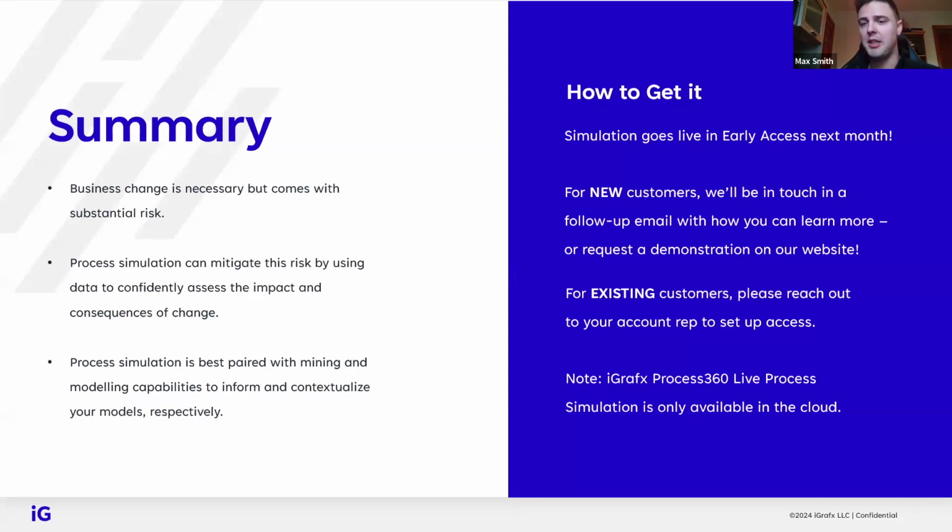And we also understand that process mining is best paired with other process intelligence technology, such as modeling and mining, to help contextualize and give you the data that you need to build a realistic model, respectively.